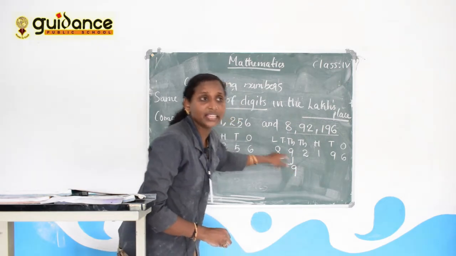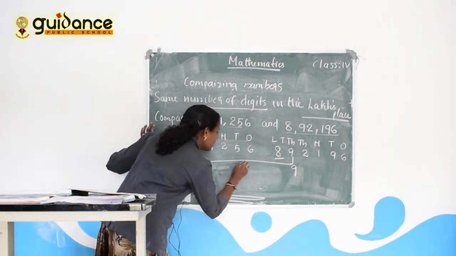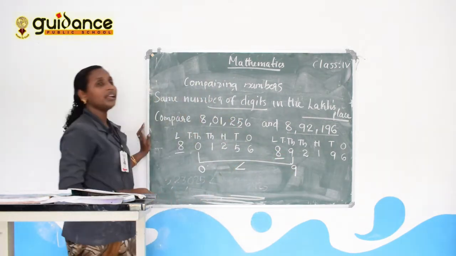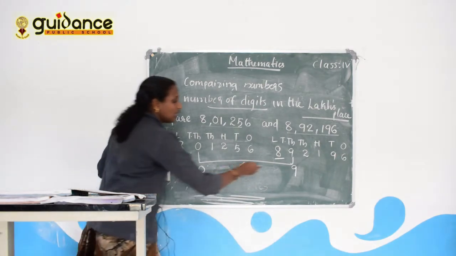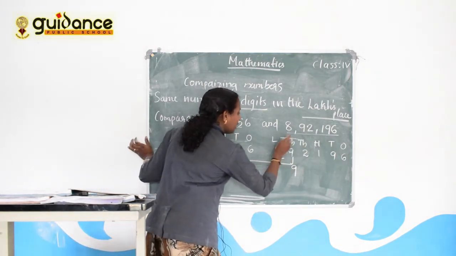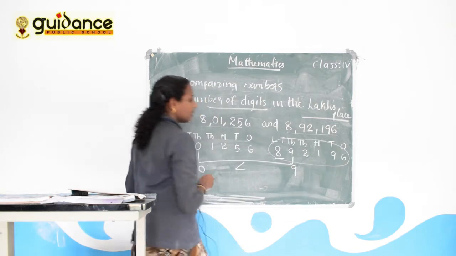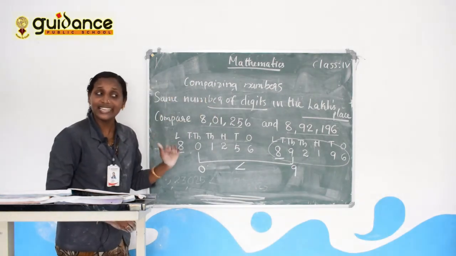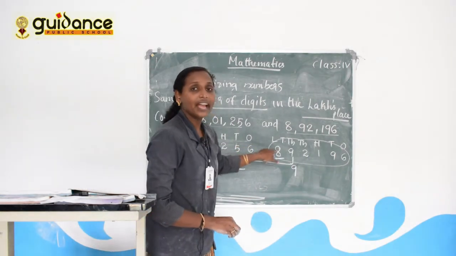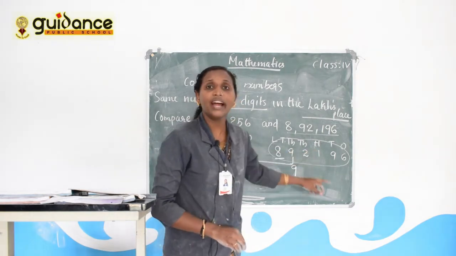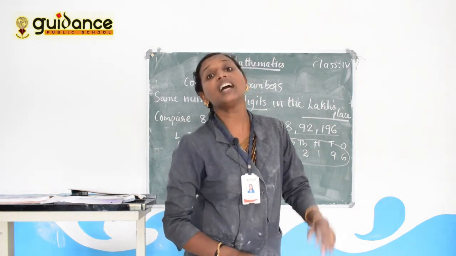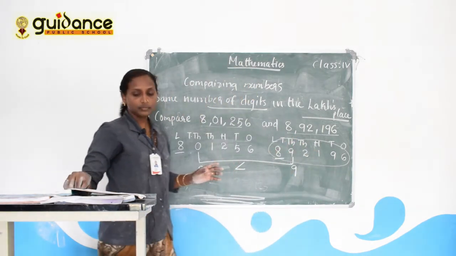Which is the greater number, 0 or 9? 9 is greater. So 0 is less than 9, and this is the greater number. So 9 is the greater digit and 8,92,196 is the greater number.